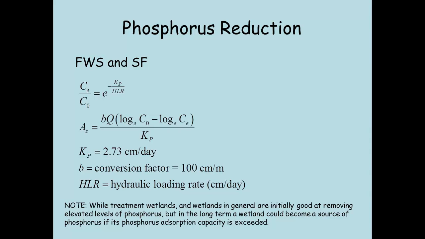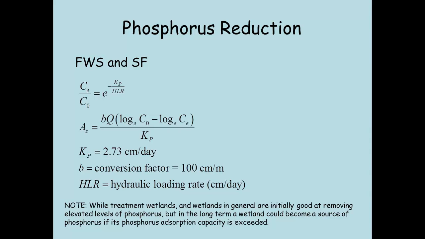The hydraulic loading rate does not need to be calculated directly in this formula. We would if we wanted to use the first formula that's given above at the top of this slide. But the hydraulic loading rate would just be the ratio of the discharge going into the wetland divided by the surface area of the wetland.